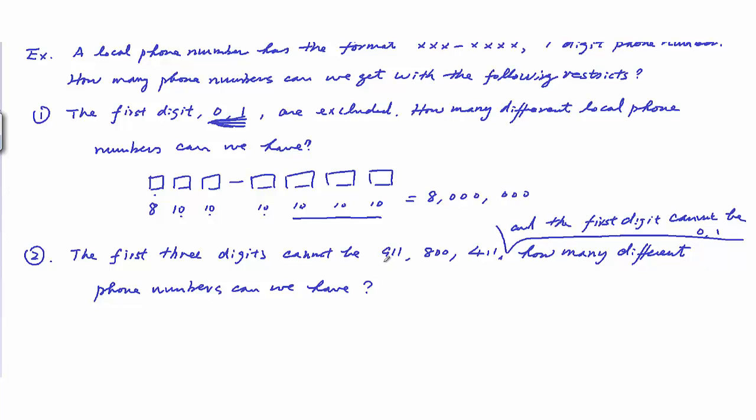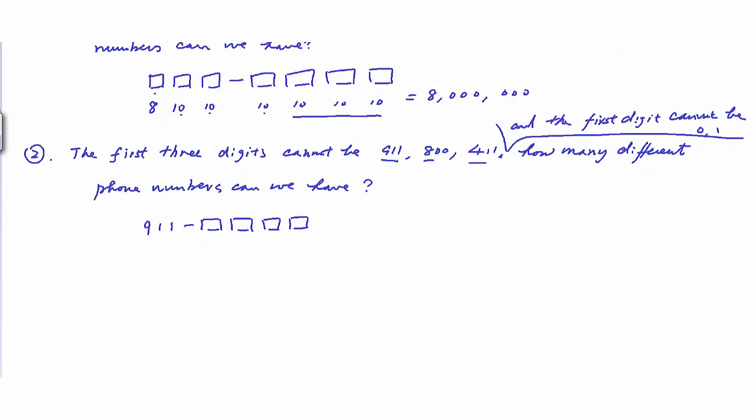In fact, we just need to see how many phone numbers we need to exclude for 911, 800, and 411. If the first 3 digits are 911, then we look at the last 4 spots. In the last 4 spots, you have 10 options for each spot. So you have 10,000 phone numbers associated with 911 that need to be excluded.